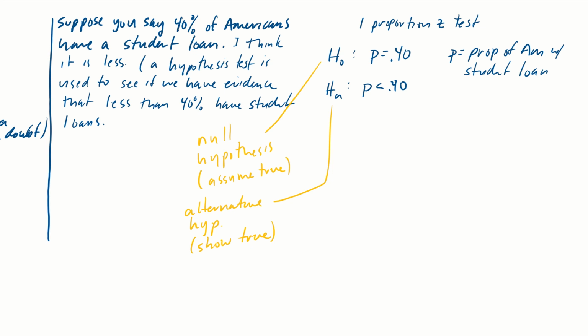Okay. Well, let's take a look at this. I'm going to leave some space here and come back to fill it in. We're going to look at the p hat distribution again. That's my distribution of all my samples.